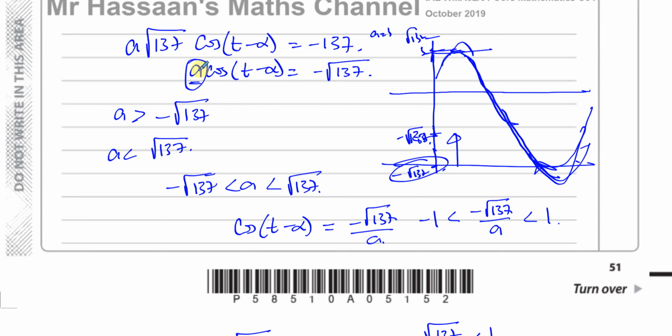So therefore the magnitude of a has to be less than the square root of 137. If the magnitude of a has to be less than this, then we can say a must be between minus this value and positive this value.